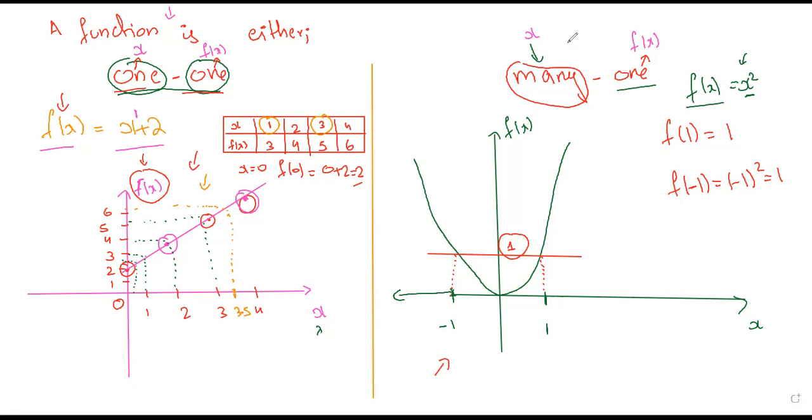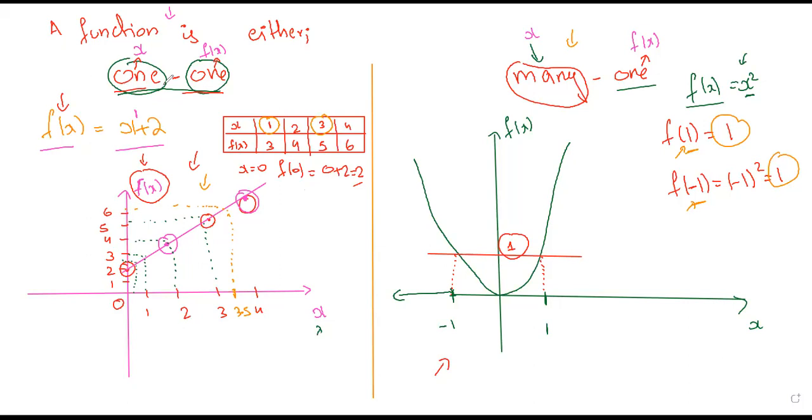And if I talk about many to 1, this means that, and it is obvious that for x equals 1 and for x equals minus 1, I am getting same value of function. This is the difference. When I'm changing x, the value of function is same, and here when I'm changing x, I'm getting different function value.